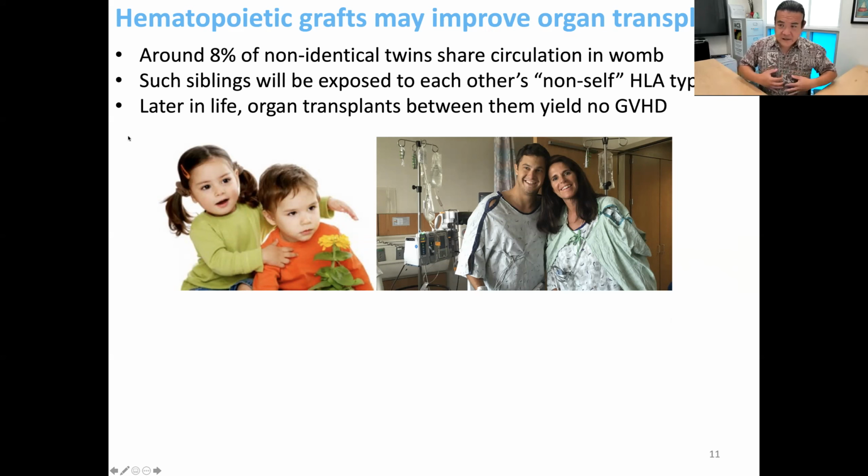This is an interesting phenomenon. Around 8% of non-identical twins, non-identical meaning there were, let's say, 2 eggs present at the time of fertilization, and both eggs got fertilized, so you end up with 2 babies forming that are genetically different.